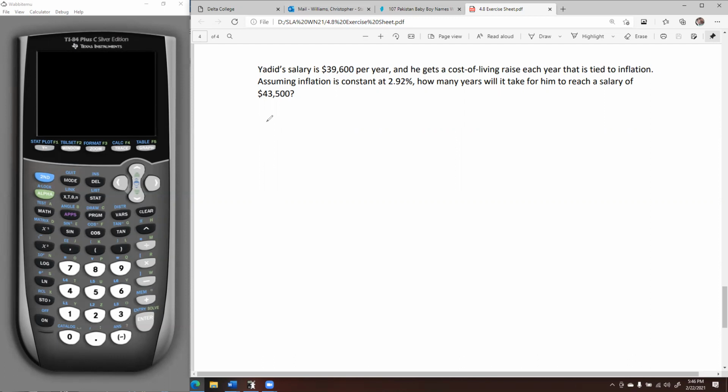Okay, so as I'm reading through this, I see this key word, inflation. So that tells me that I'm not going to be using simple interest. Neither am I going to be using compound interest. I'm going to be using our inflation formula.